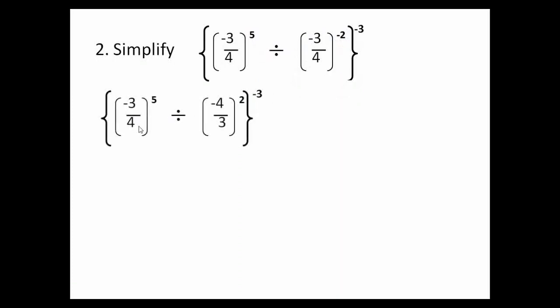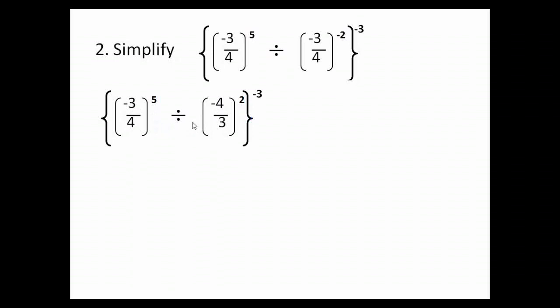So (negative 3 by 4) whole raised to the power 5 divided by (negative 4 by 3) whole raised to the power 2. After this, let's think of it as a fractional number.